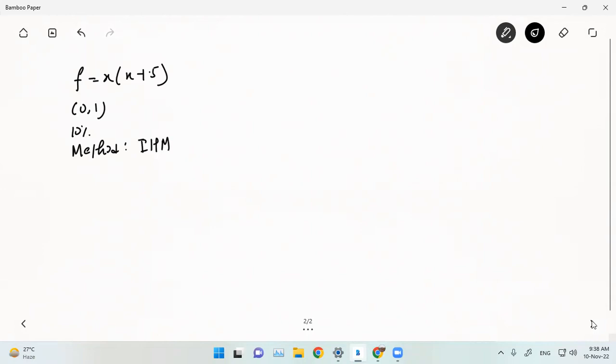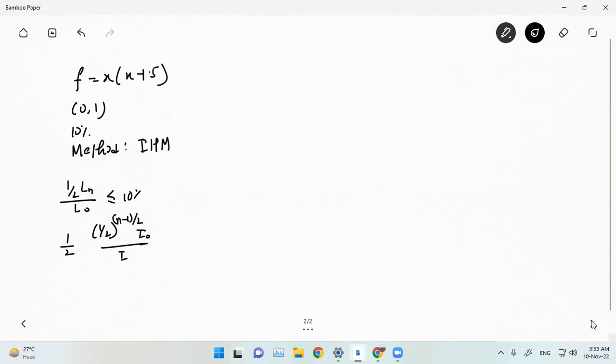So first thing first, the criteria that is given: half of Ln by L0 has to be less than or equal to 10%. Ln is the formula that is given here, half of n minus 1 by 2 into L0.